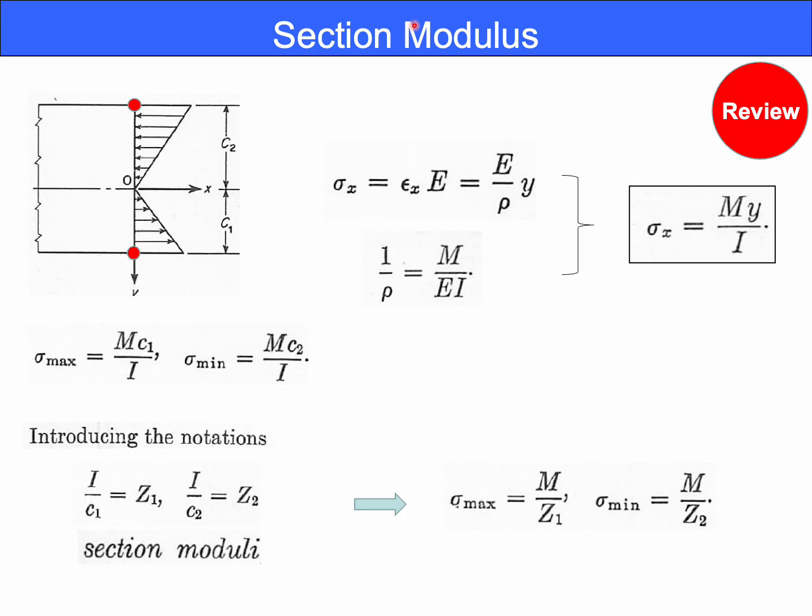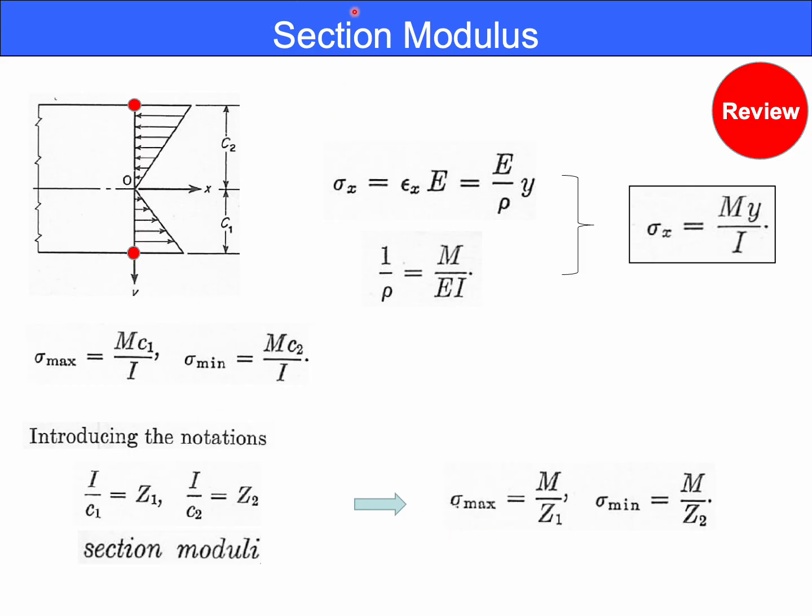Physically, the section modulus tells us how efficiently a cross-section resists bending stress. For a given bending moment, a larger section modulus means a smaller maximum stress.